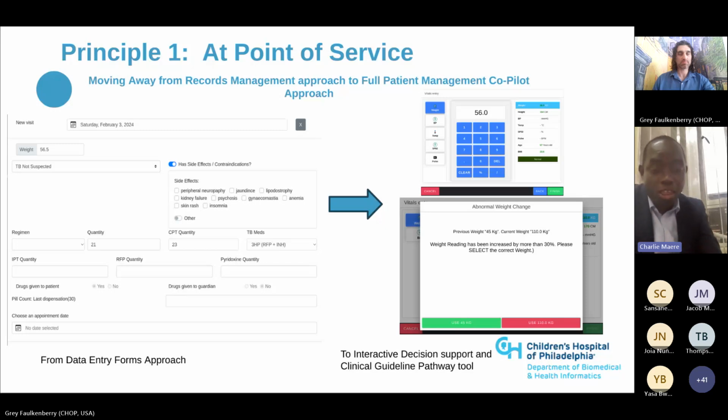We move away from that into an interactive decision support or clinical guidance pathway, to your right, where it's intuitive and able to support the clinician as a tool, maybe providing flags. As you can see here, it's just a vitals toolbox. Instead of just having a field to enter your weight, you have this intuitive decision support form, which also alerts you if you're moving away from the guidelines. Next slide.